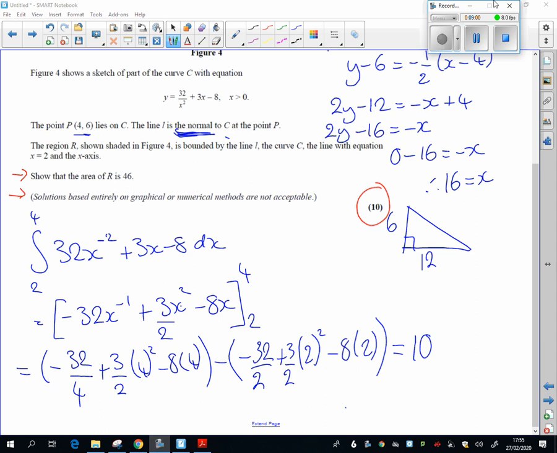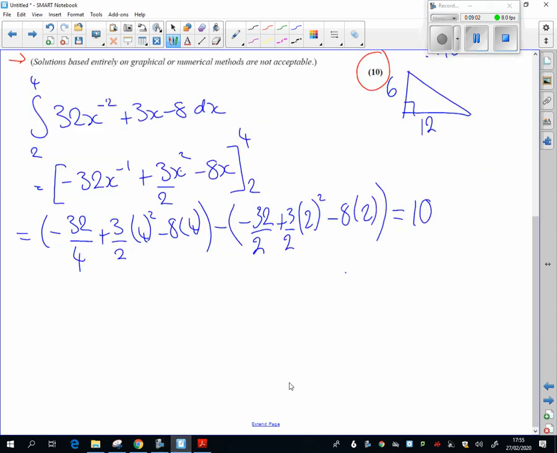So my final mark is going to come from just being very clear with my conclusion. So 10 plus 36 equals 46 as required. And obviously I've been moving around a little bit to try and fit everything on one page, but just make sure your working is very clear. Could even just add a label.